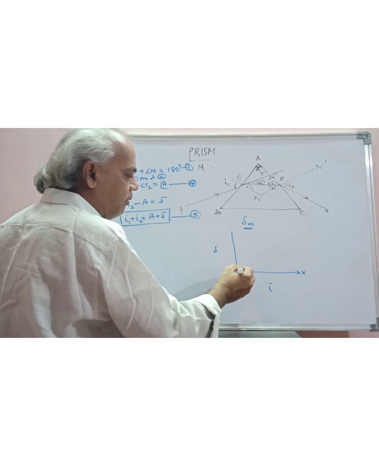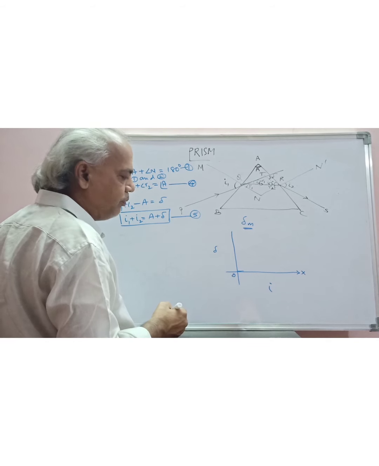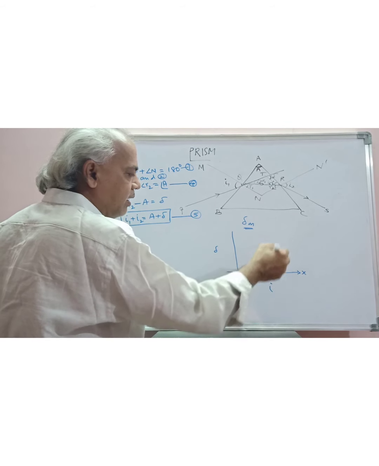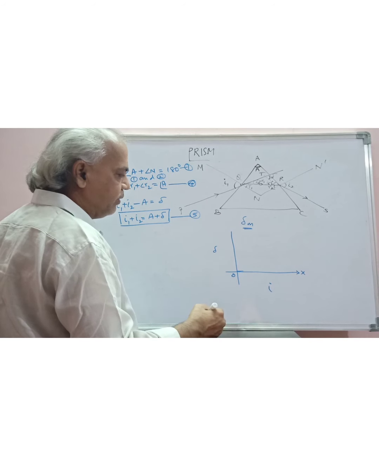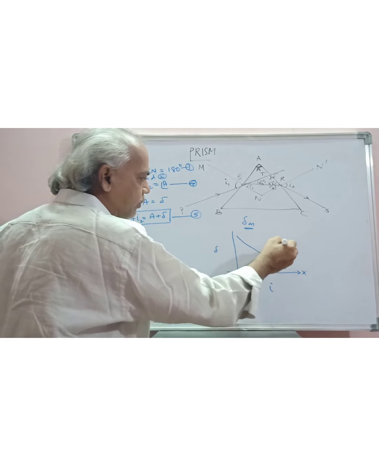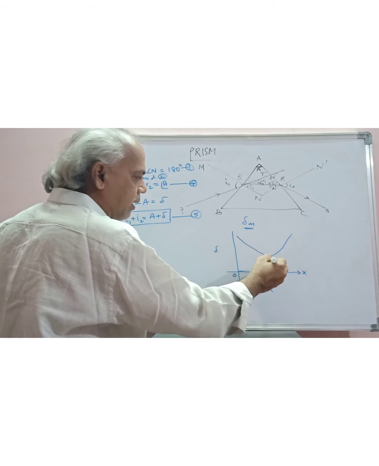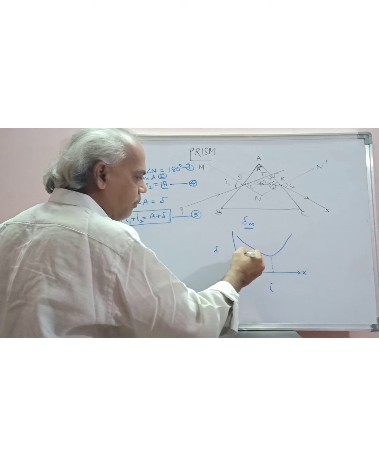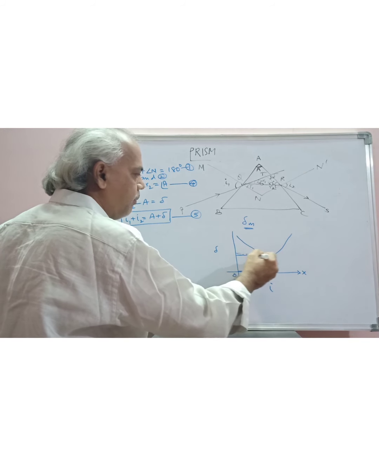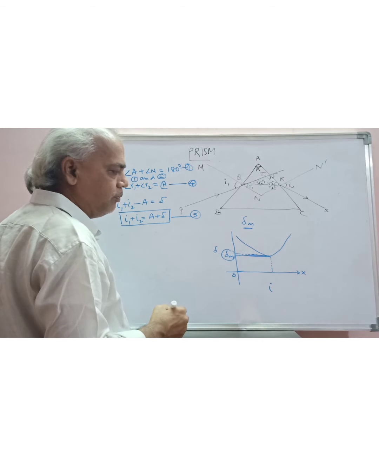The angle of deviation decreases with the angle of incidence. Then after, the angle of deviation increases with the angle of incidence. So we obtain a graph like this. So it is the minimum deviation, indicated by δm.